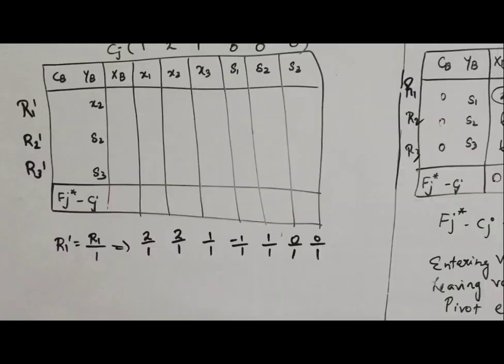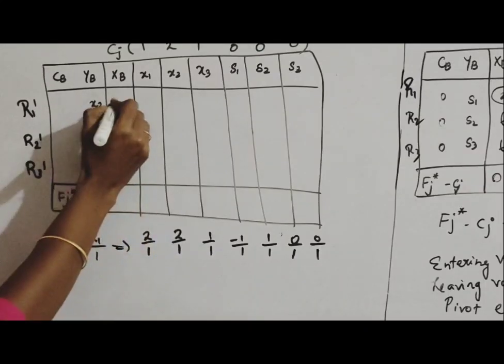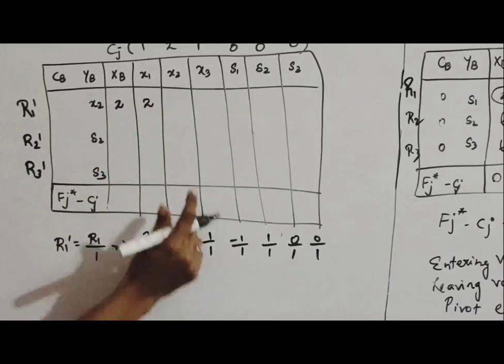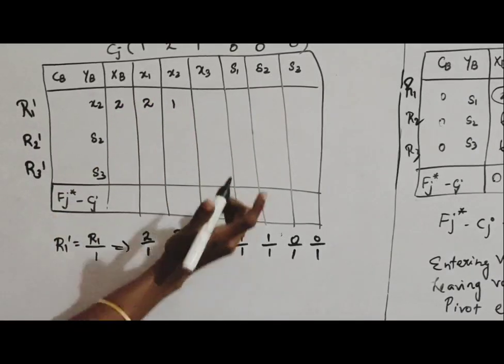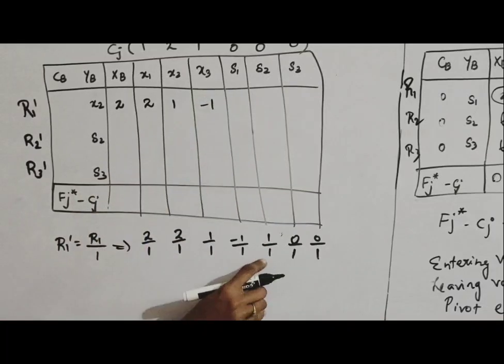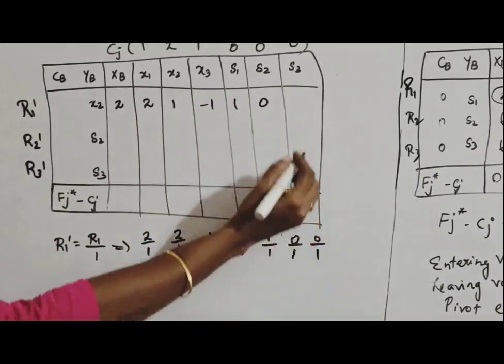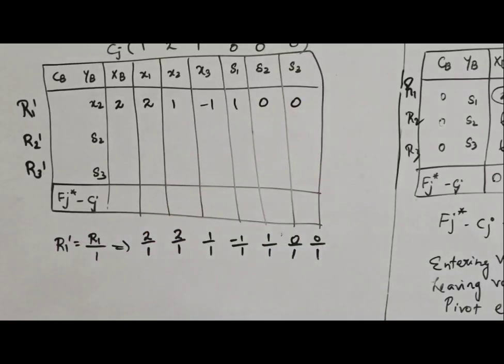Therefore, we are getting 2, 2, 1, minus 1, 1, 0 and 0.